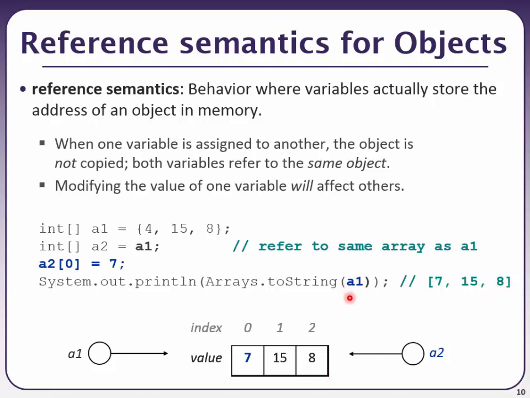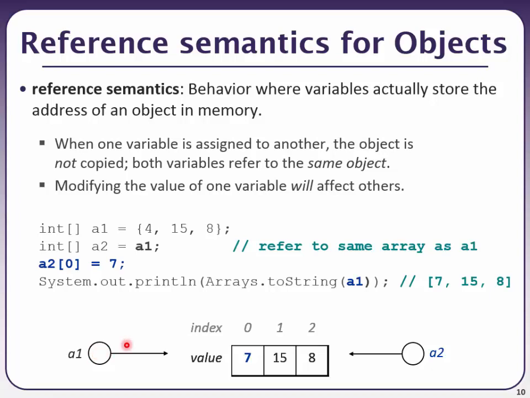So again, what happens here? Well, I call a method with a parameter A1. So I look at the value of A1. What is the value of A1? Just like any variable, the value of a variable is the value that the variable contains, right? So in this case, A1 contains a simple value, which is called a reference to an array somewhere in memory.